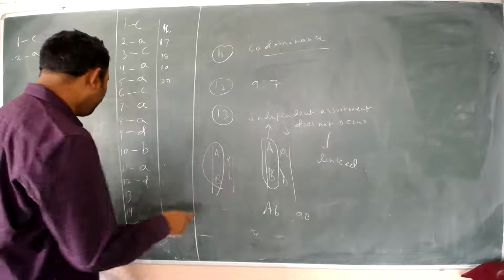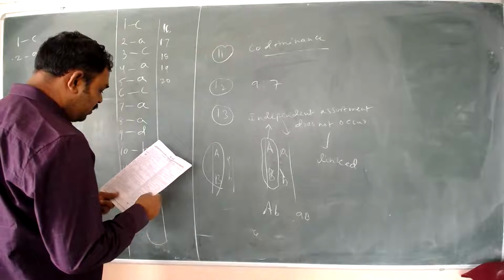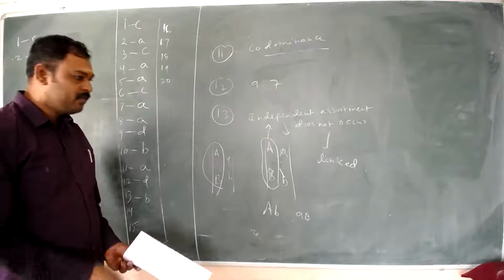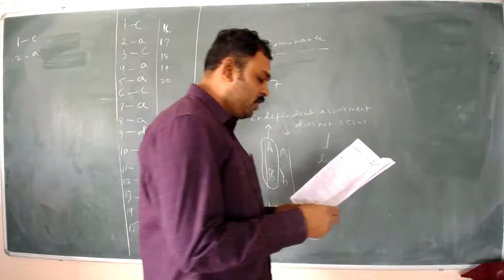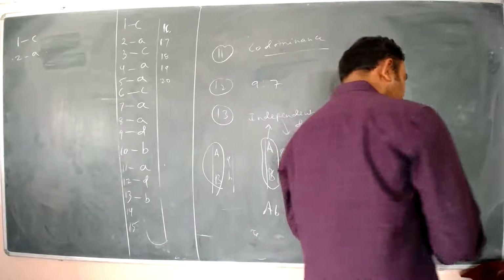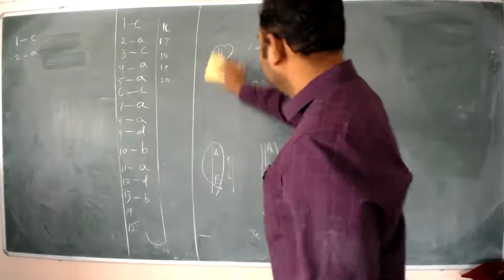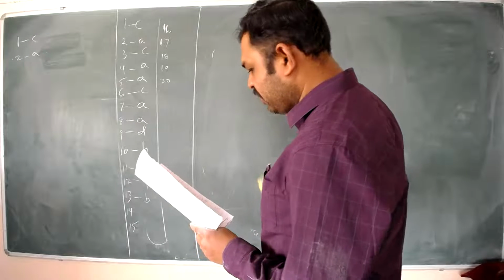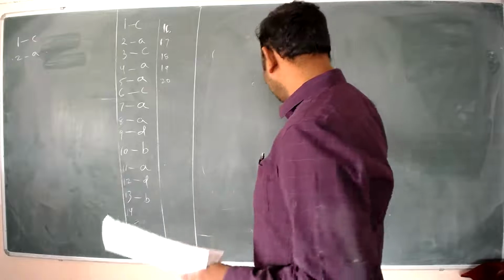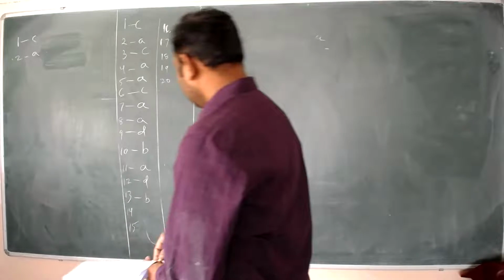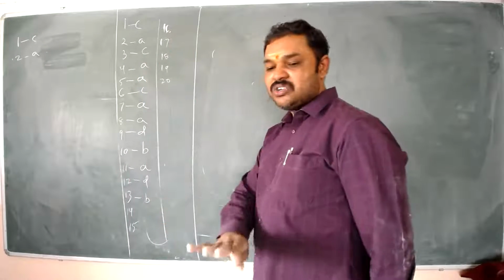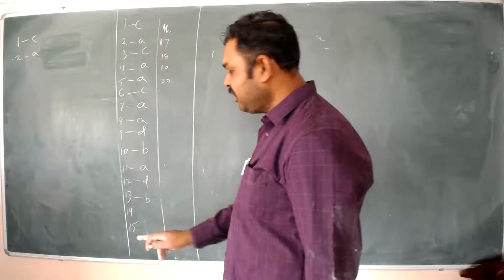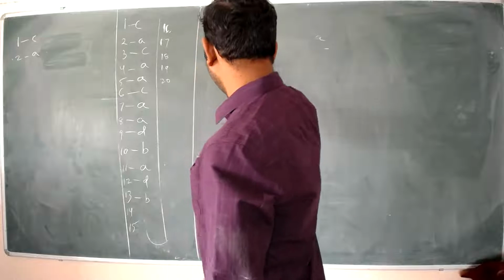So the 13th one is B. Independent assortment does not occur when the genes are situated on the same chromosome and linked. The 13th answer is B. Next one, the 14th.